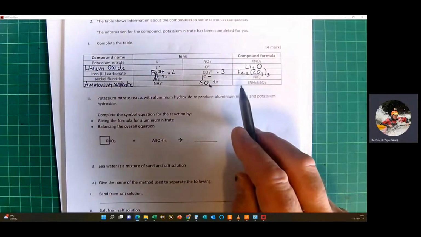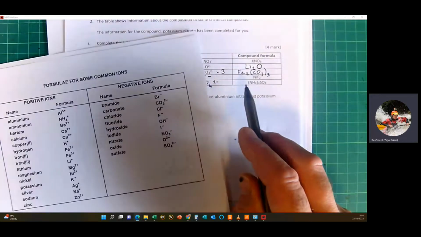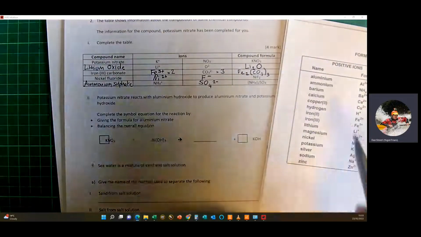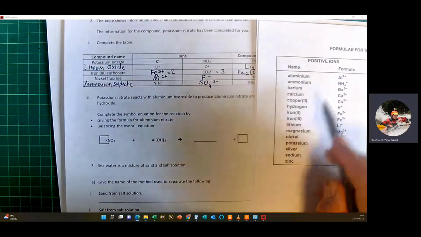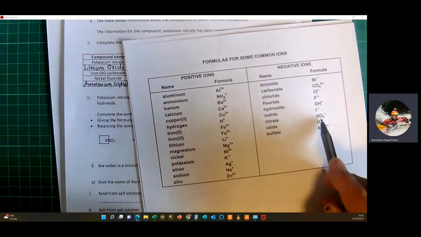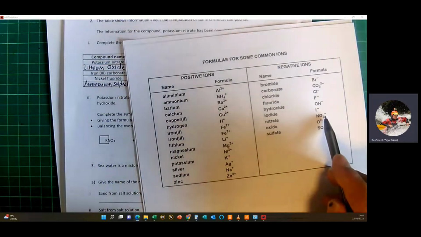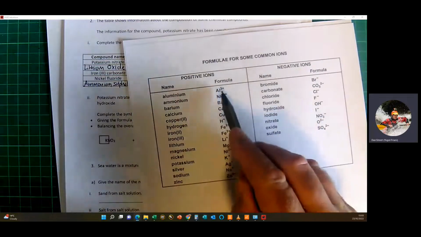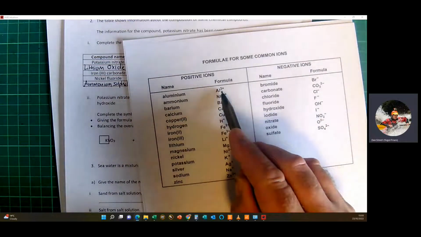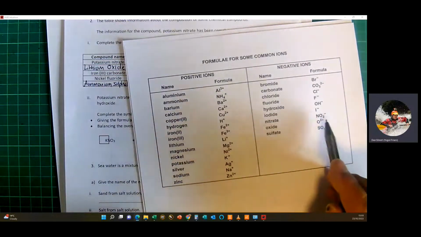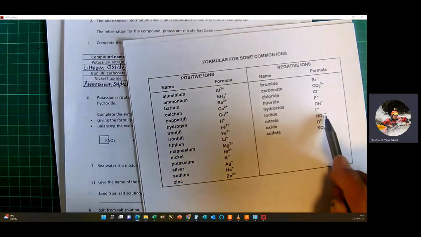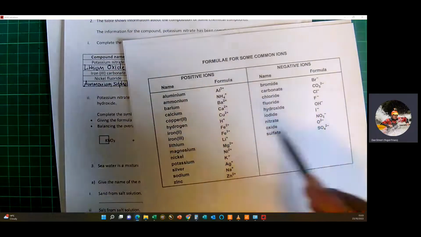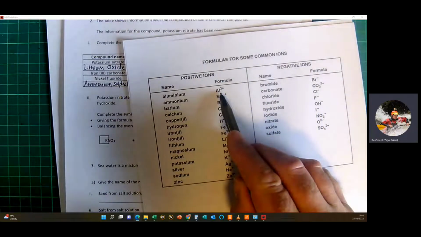So we can refer back to our table and we find aluminium, which is right at the top there. So aluminium is Al3+ and nitrate is NO3-. So from this we can work out that for every aluminium we will need 3 nitrates, because aluminium is 3 plus and nitrate is 1 minus. So we'll need 3 of these to balance or cancel out one of those.